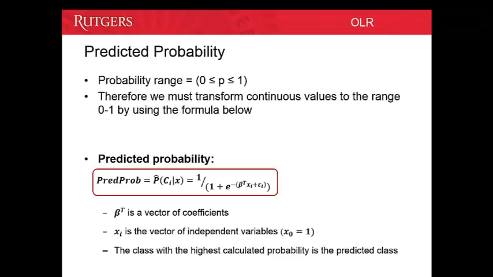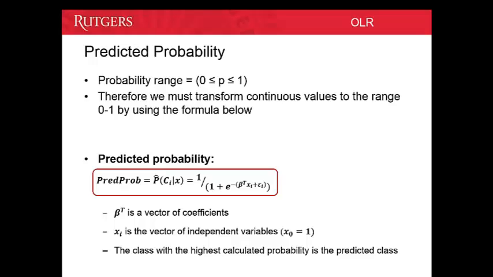We have talked about the predicted probabilities or predicted values. Now we will talk about how we can calculate these probabilities or expected values. As a probability, the range would be between 0 and 1, and therefore we need to transform any continuous values from continuous form to the range of 0 to 1.